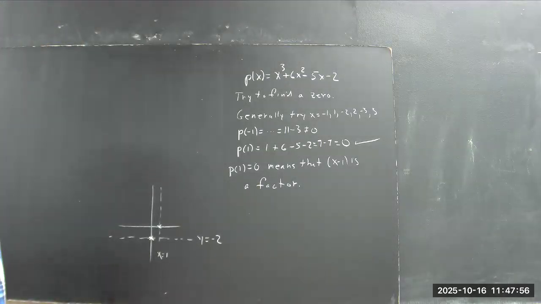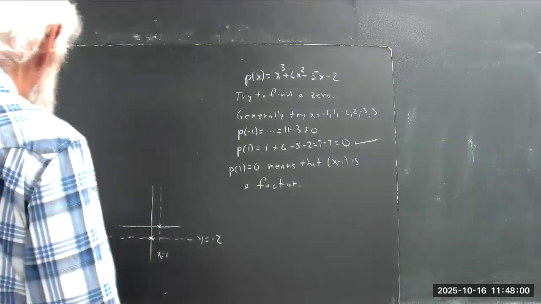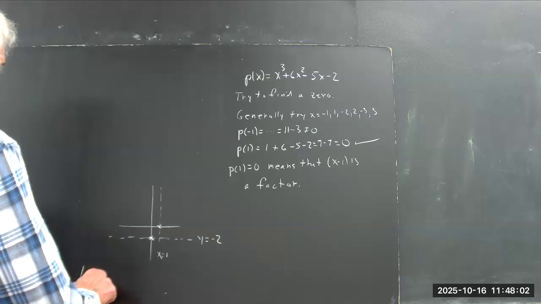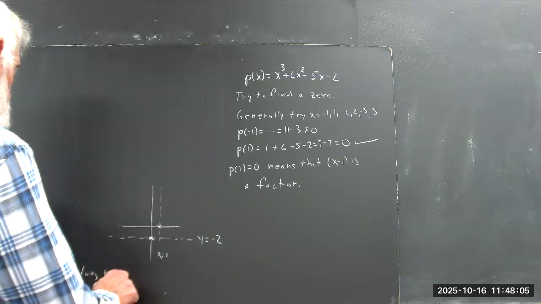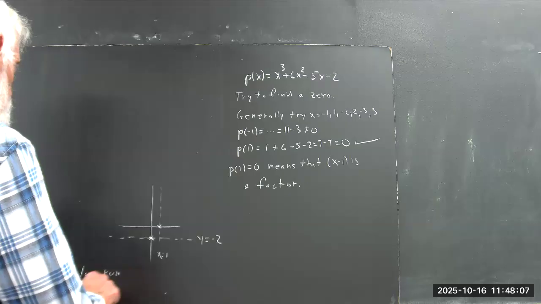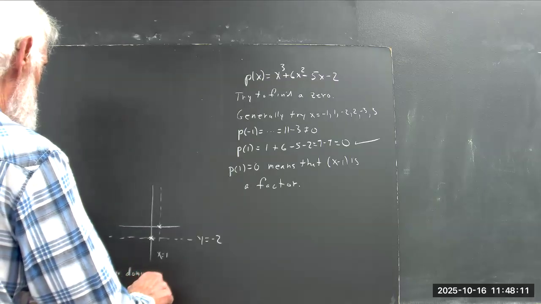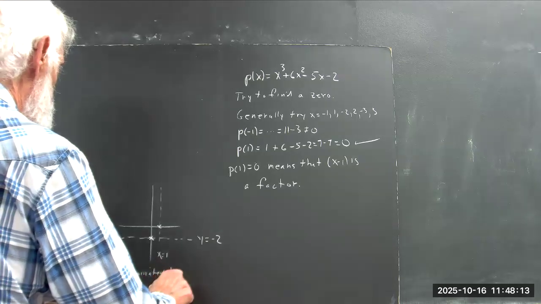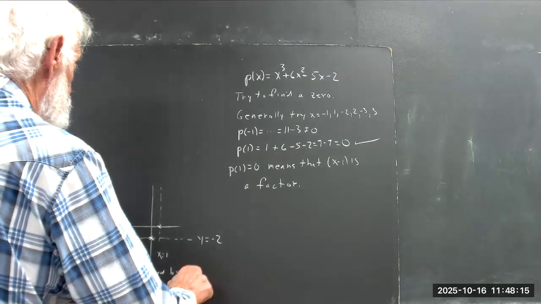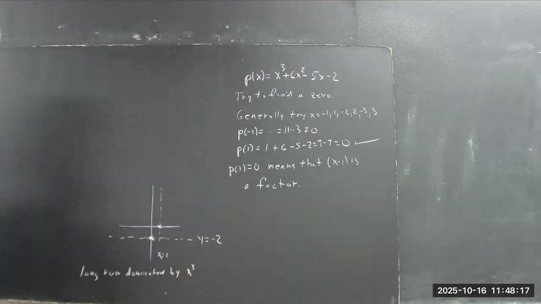Now, I don't know if there are more zeros or not, but the other thing we know is that the long run is dominated by x cubed.